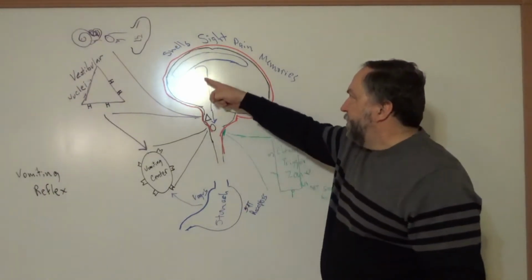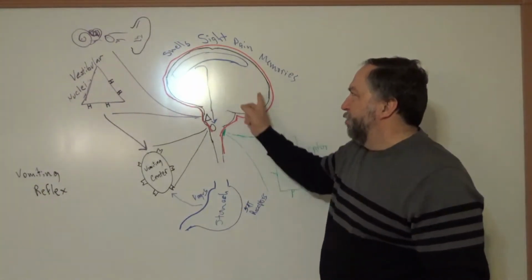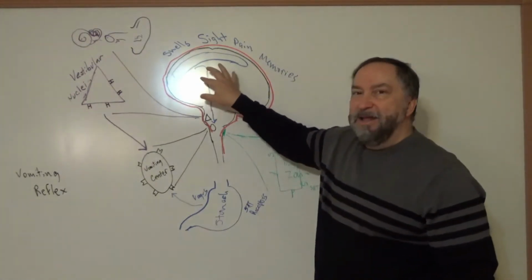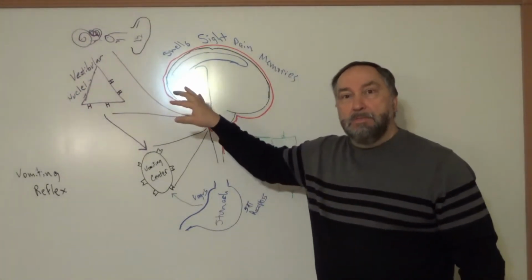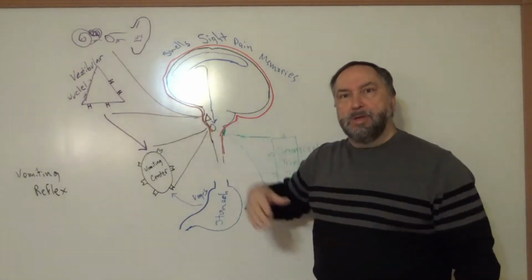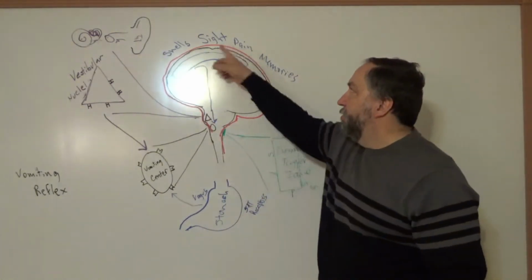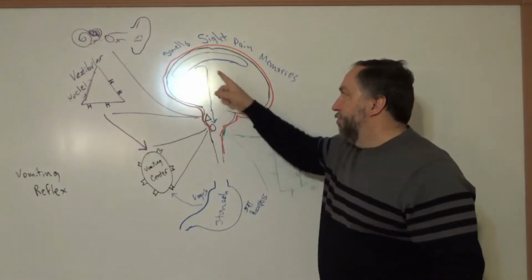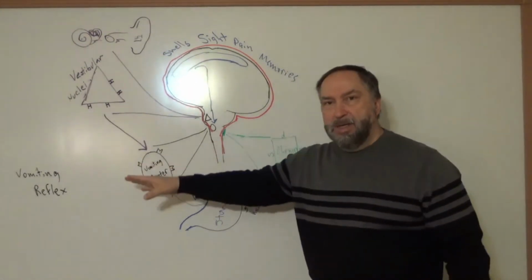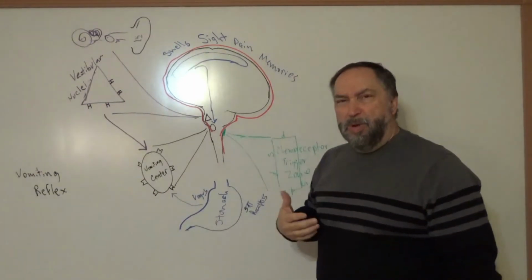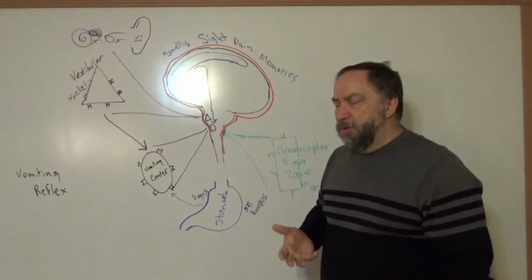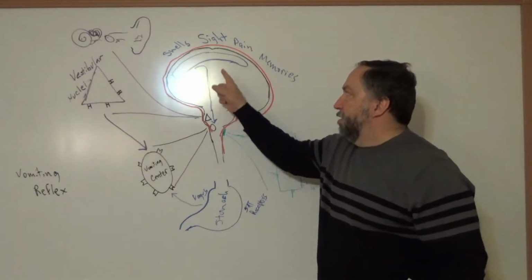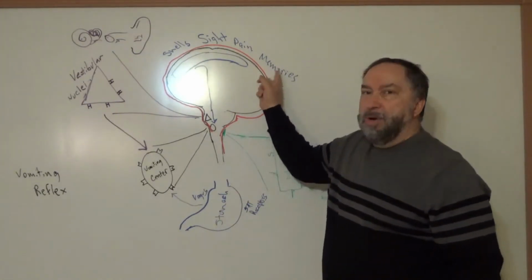So a lot of times the best treatment for something like this is actually a benzodiazepine, Xanax or something, just to calm the person down and try to get them so that this doesn't happen up here in the higher levels of the brain and send the message down to the vomiting center, right? But we know that really putrid things can do that, or just anxiety or being really nervous, and you can stimulate this.